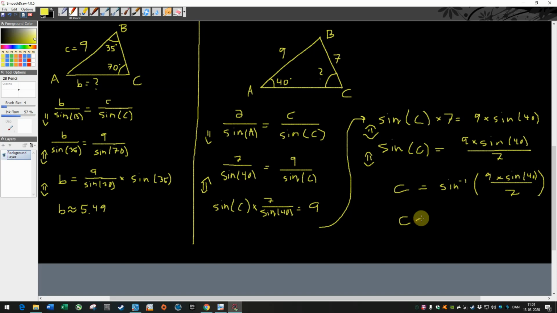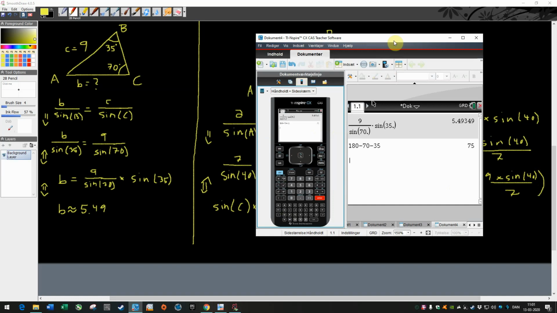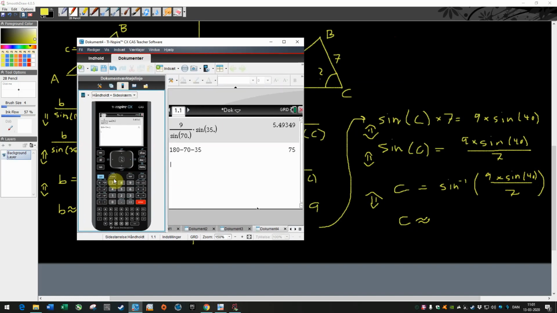So C is approximately equal to some number. So the inverse function of sine, so you have 9 multiplied with sine 40 divided with 7. You could add in a bracket here.